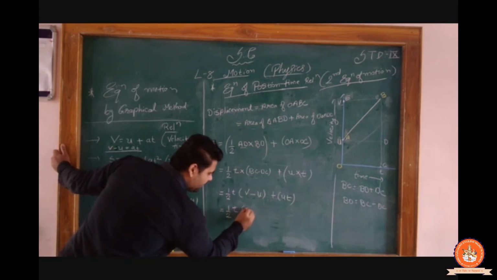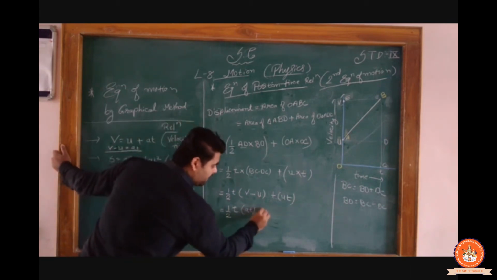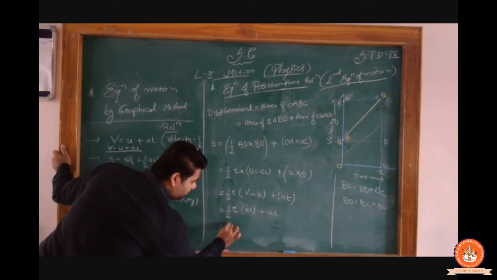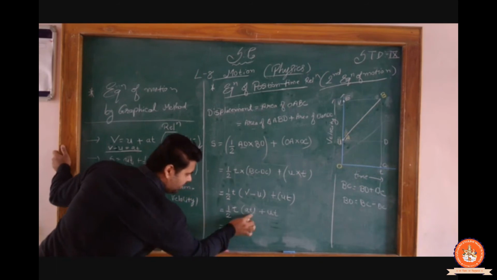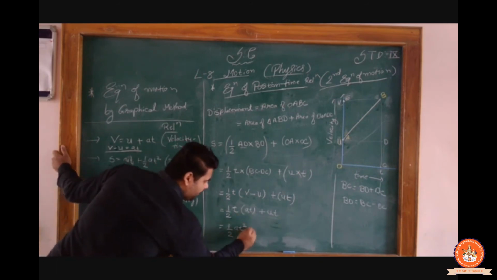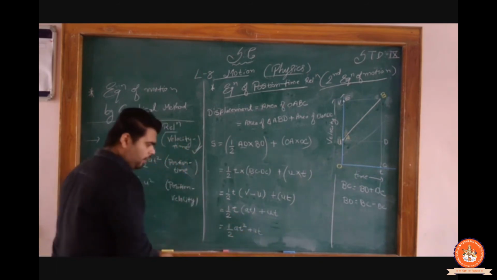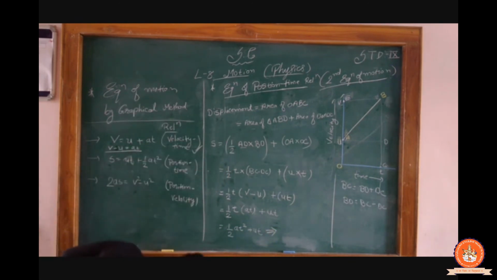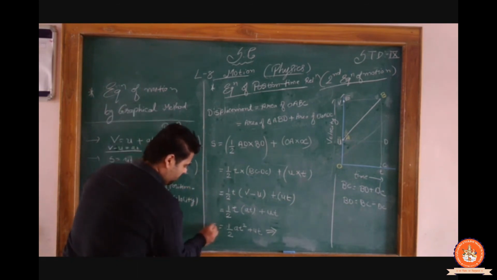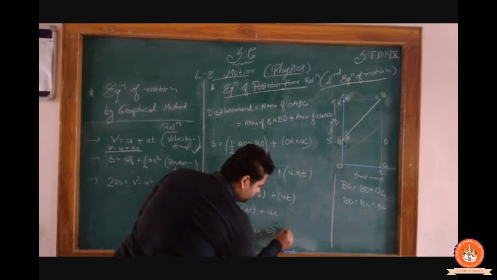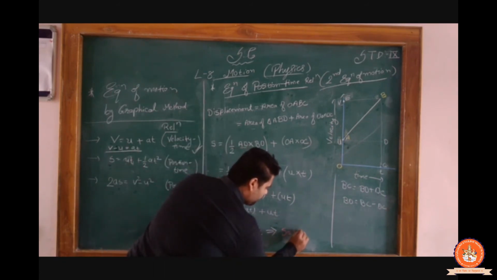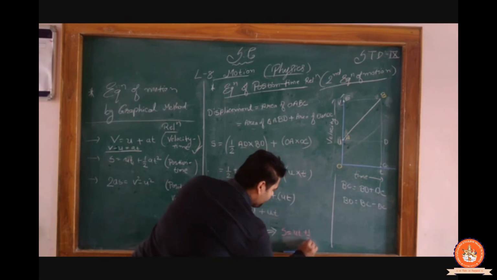So we are writing at here, plus ut, equals 1/2 at multiplied by t, it's t square, plus ut. So from that we can write that s equals ut plus 1/2 at square.